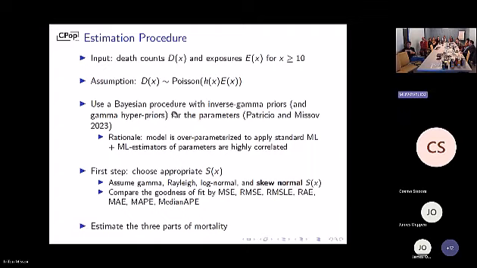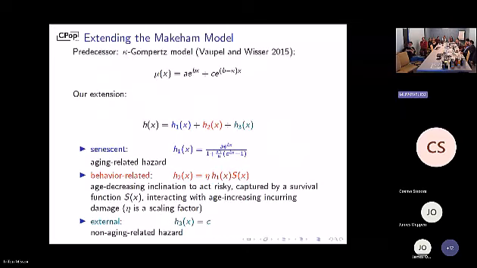And then we use a Bayesian procedure with inverse gamma priors. So without going into technicalities, we have a paper published on this. And the idea is that this model has 3 parameters here, 4, and depending on, 5, and depending on the type of survival function we pick, up to 7.